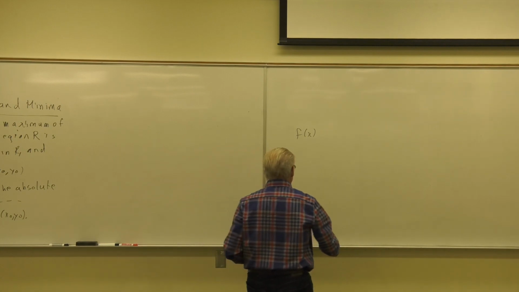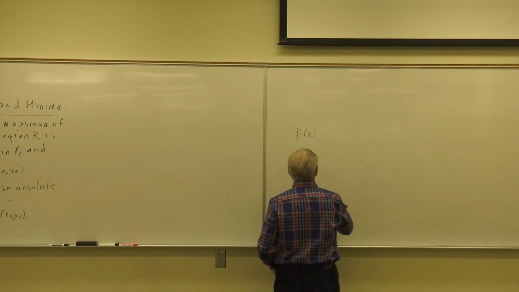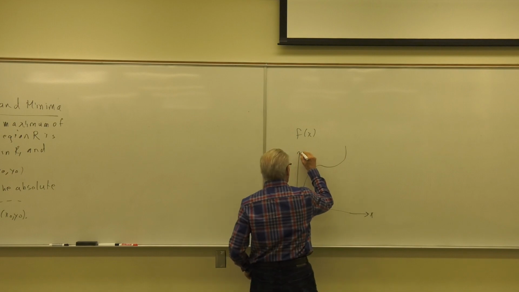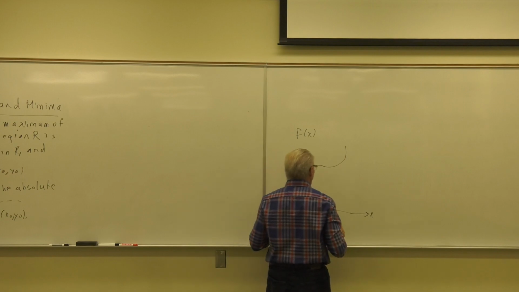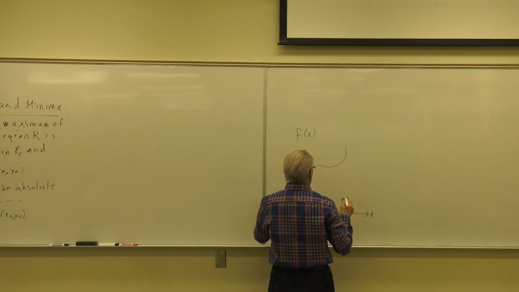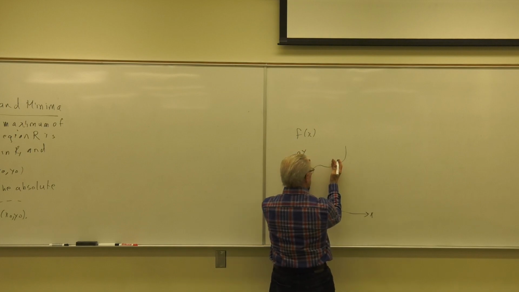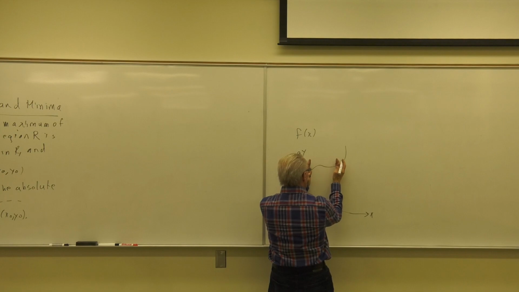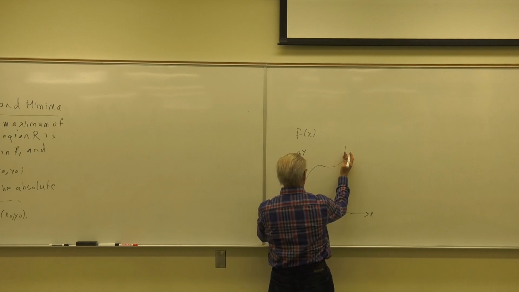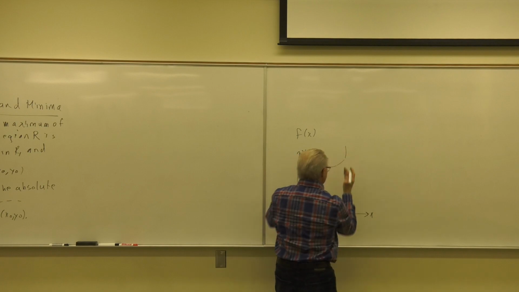For instance, if I were to draw a picture, suppose that function looks like this. If I said, go find me the absolute max, and I didn't specify the interval, suppose I said there. There's the absolute max right there. Where's the absolute min? It's right there. But if I make the interval bigger, now the absolute min is over here, and the absolute max is there.